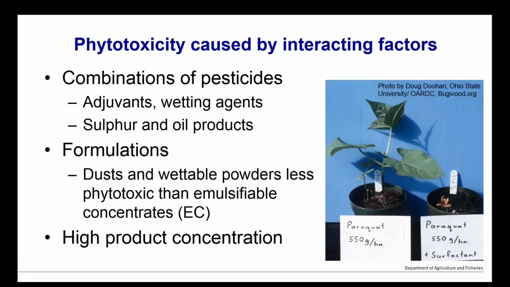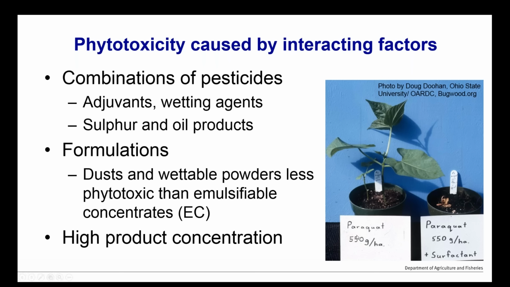So other interactive factors, where you have a combination of pesticides. We all know wetting agents and adjuvants can be very useful, but you have to realize that if you're combining products, they can interact with each other in such a way that you may be more at risk of phytotoxicity.